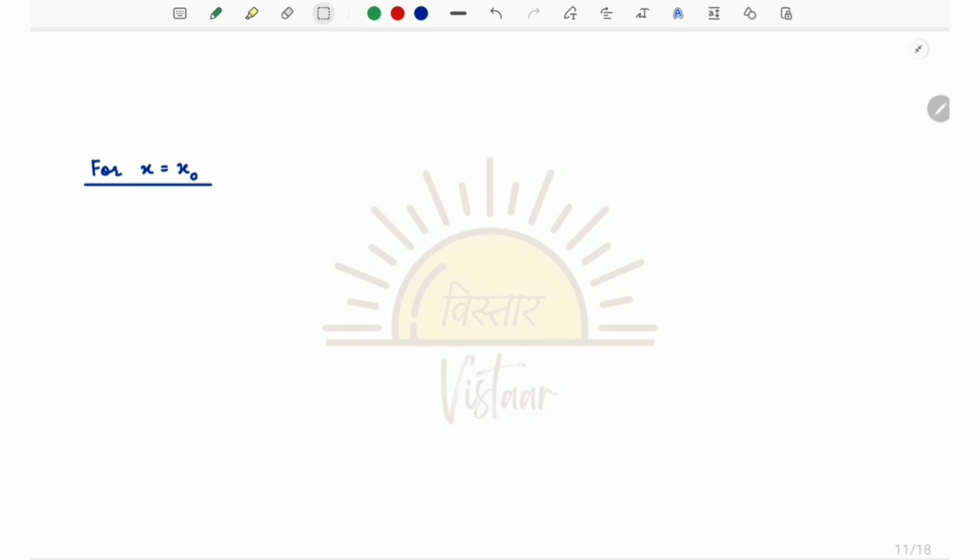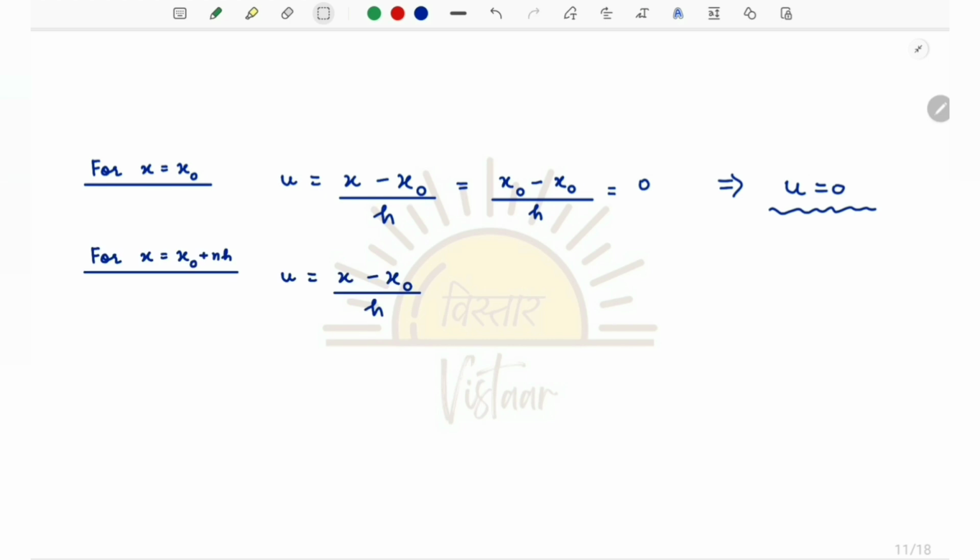For the lower limit, we have x is equal to x0. So putting the value x is equal to x0, we will get u is equal to 0. Similarly, for the upper limit, x is equal to x0 plus nh. So here we can solve this equation as u is equal to n for the upper limit.